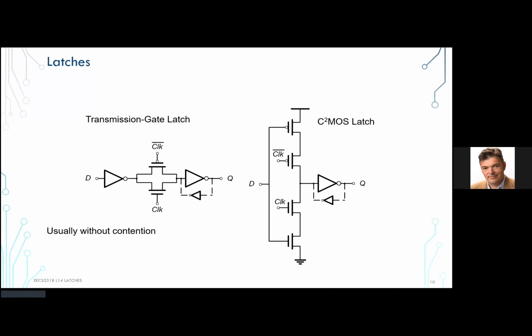So what do people do? Yeah, they break this loop and put another one. So if this is CLK bar, this will be working in the opposite phase, CLK bar, CLK. It's like a multiplexer.